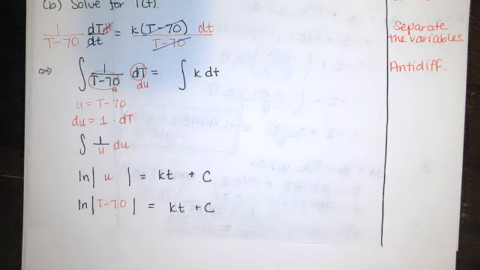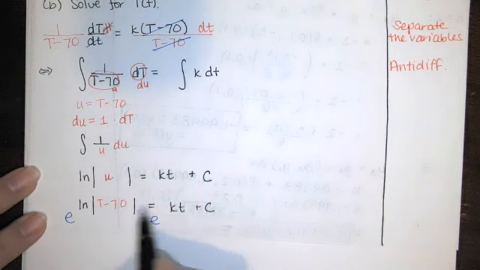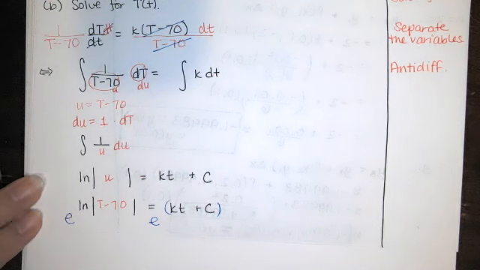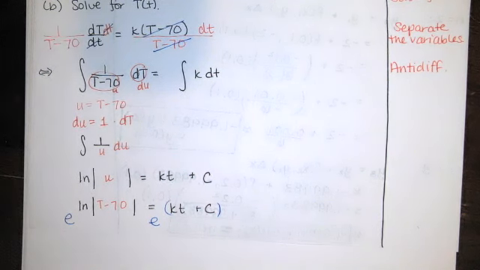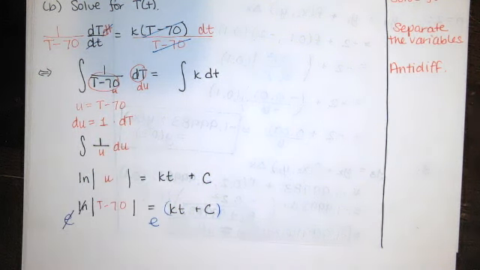Okay. And then we're trying to get T by itself, so we will exponentiate. e to this power equals e to that power. And because of the nature of the natural logarithmic function and the exponential function with base e, these guys undo each other.